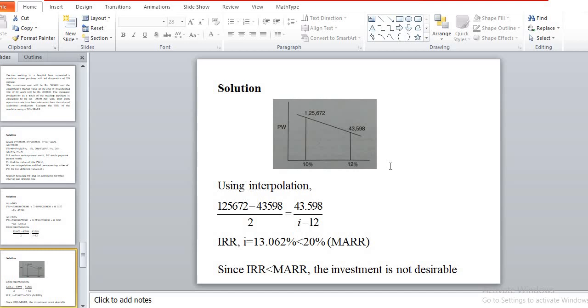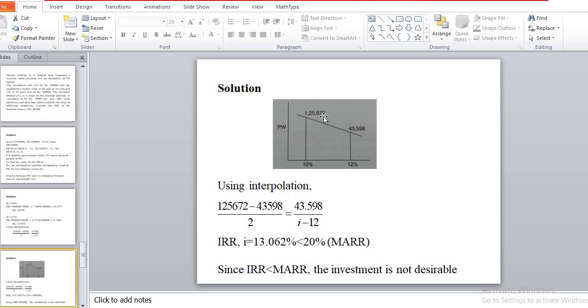So here we consider two differences, for 12% and for 10%, and at some intermediate value I, the present worth becomes 0.